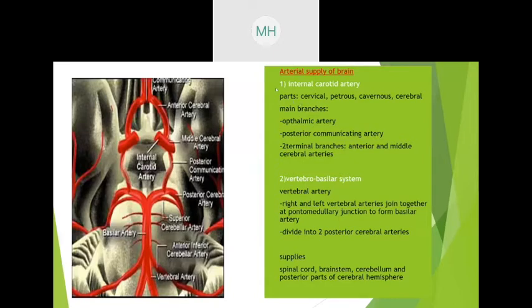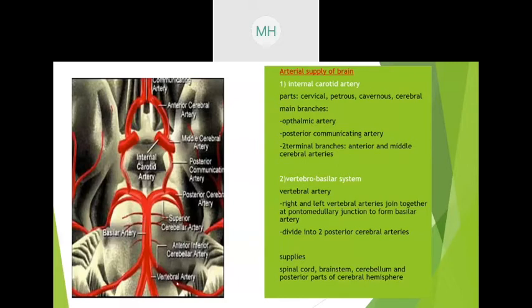The internal carotid artery has cervical, petrous, cavernous, and cerebral parts. Its main branches are the ophthalmic artery, the posterior communicating artery, and two terminal branches, the anterior and middle cerebral arteries.